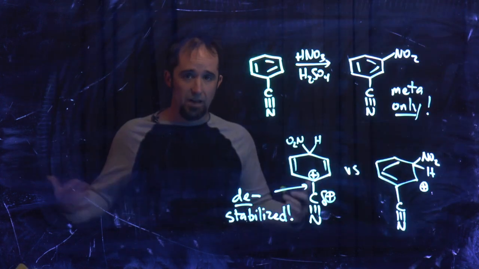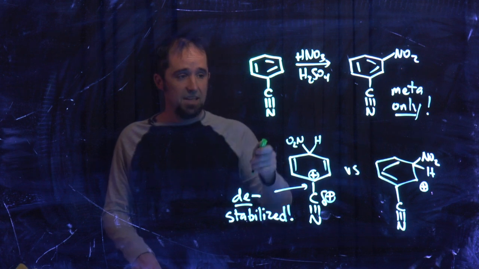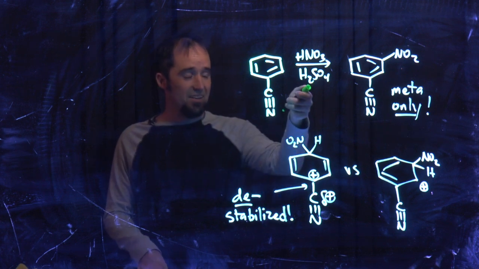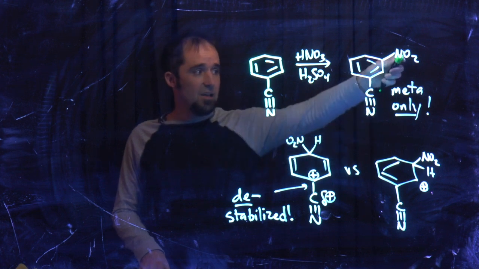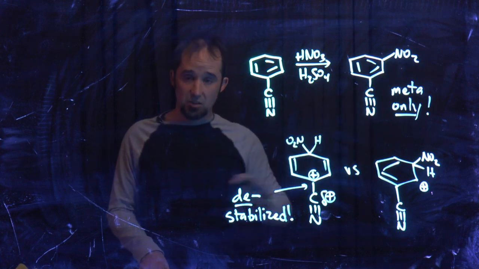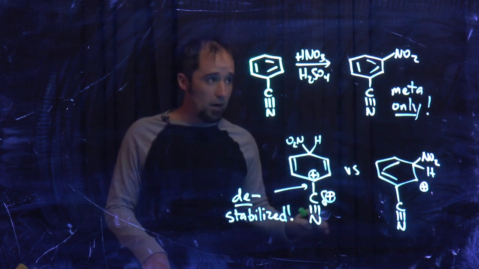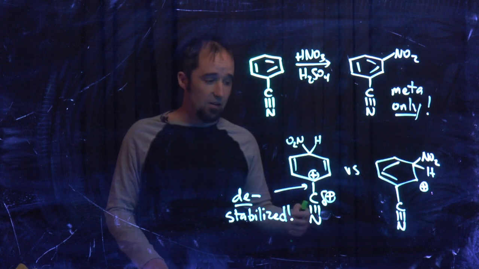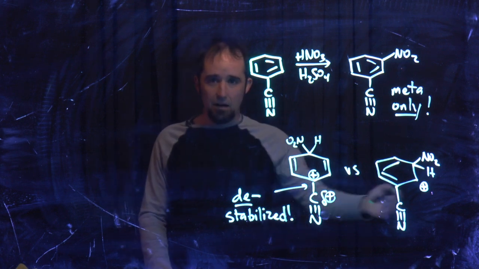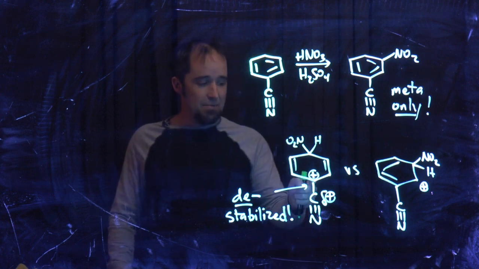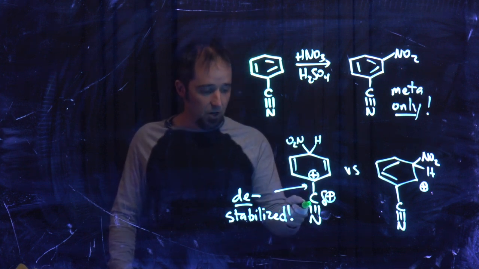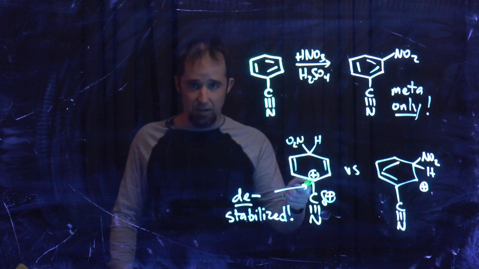You might remember that our first lab was taking benzonitrile and treating it to these conditions, and we ended up with meta-nitrobenzonitrile exclusively, only, no ortho, no para. Why is that? Well, we have the same kind of intermediates to look at, but now instead of an oxygen stabilizing this positive charge, I've got a really electropositive carbon here repelling this positive charge.